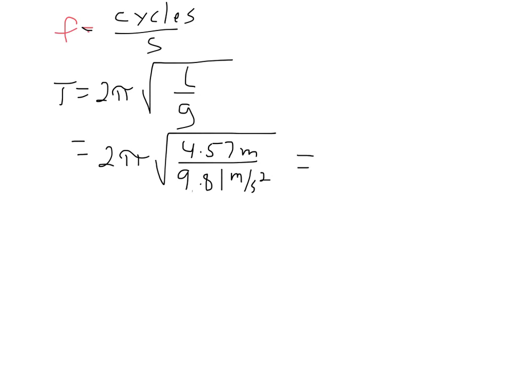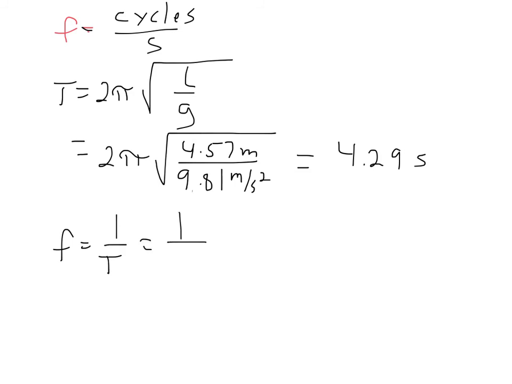And so we do that math, and we should get our period is 4.29 seconds. That's a 4, not a 9. I'll erase that. 4.29 seconds. Now we just need to do frequency equals 1 over the period.